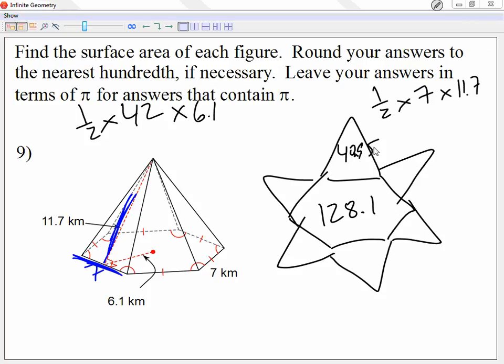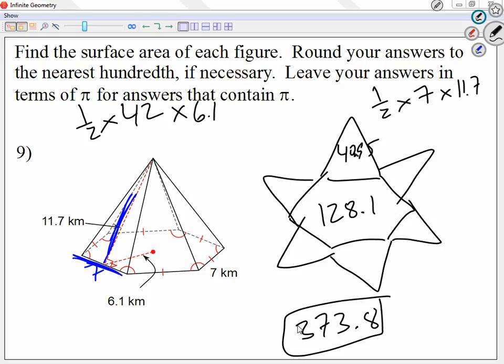I'm only going to write it in one, but you know it's for each. Add everything, and you should get 373.8. Once again, on my triangles, I only wrote 40.95 on one, but you know they're all the same. Any other questions?